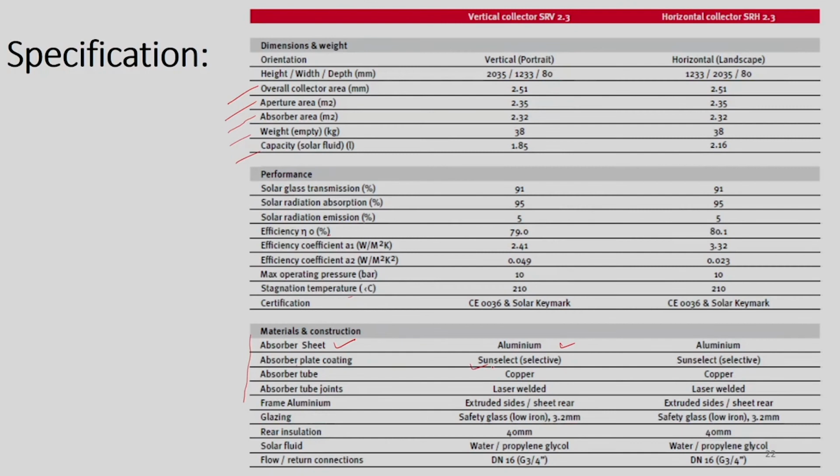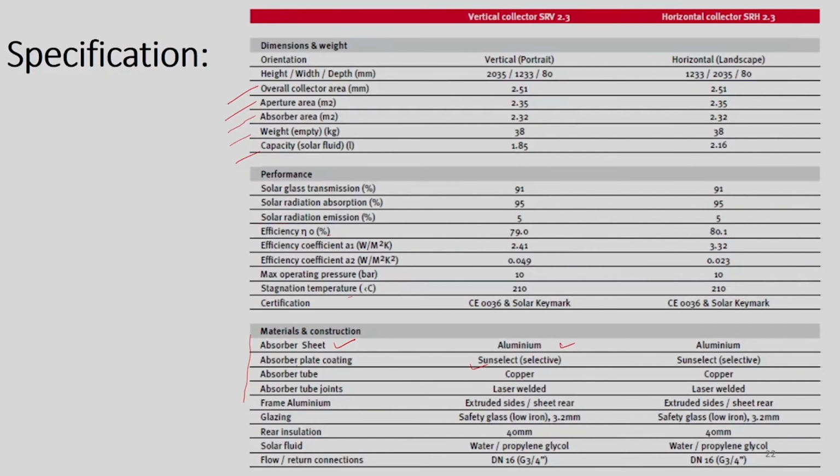What kind of coating, it is a selective coating, we will discuss those selective coatings maybe in the next class. Then absorber tube, what kind of tube material is used as absorber tube. Then frame, glazing.